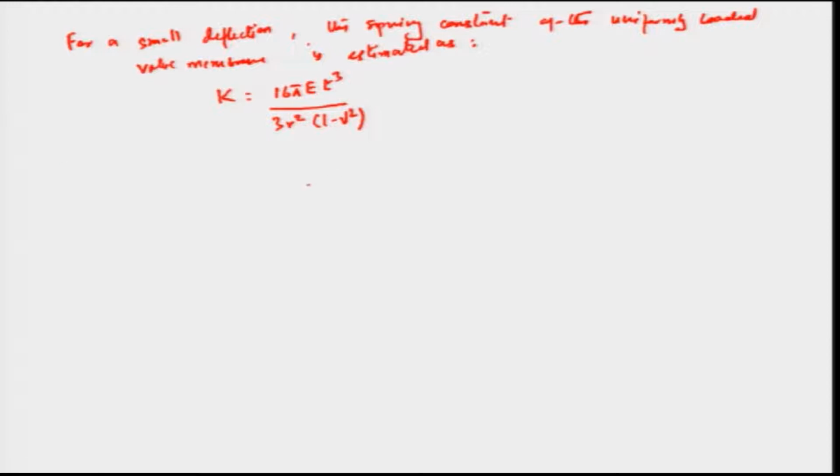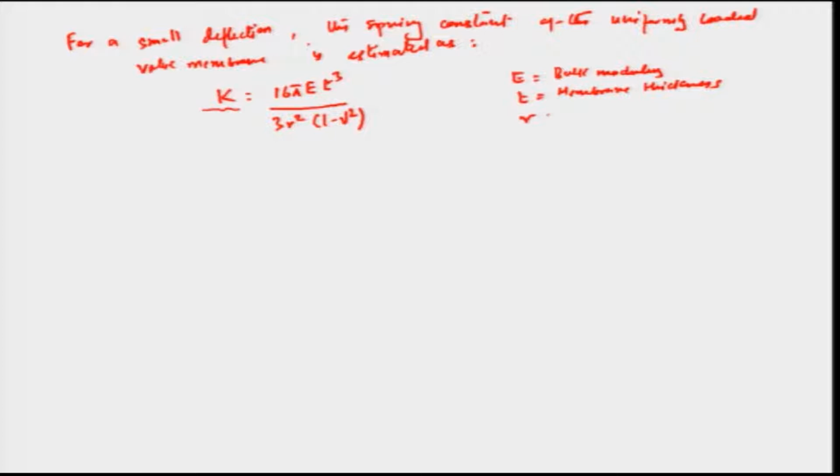I am just going to refer to the various terms here. E is the bulk modulus, T is the membrane thickness, and this is from standard strength of materials knowledge, that the solution for K is being borrowed.